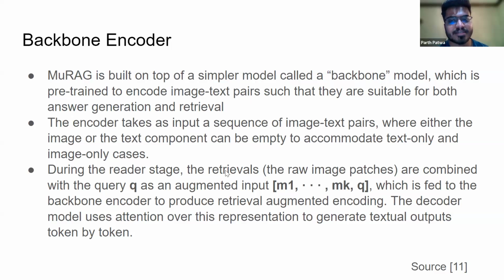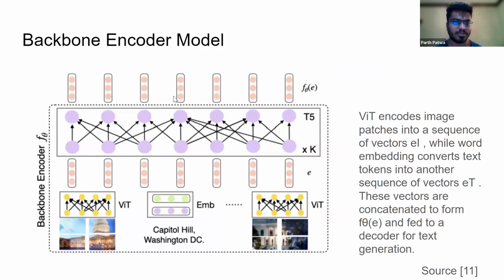It takes image-text pairs, and during the retriever, the relevant images or text are retrieved. So let's look into the encoder model, where we have the image being encoded with a vision transformer, embedding of the text, and again embedding of images and so on, which creates a sort of multimodal embedding.